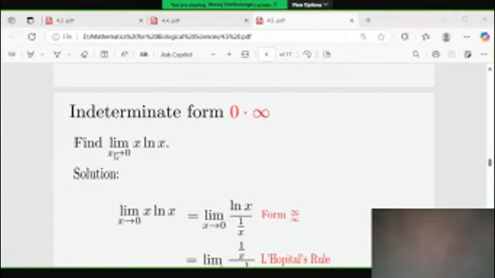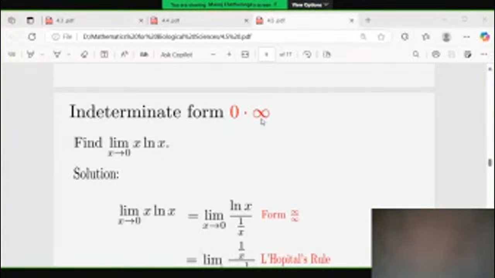So here this must actually be a one-sided limit. x should go to 0 from the positive direction, from the right-hand side. In that case, natural log goes to negative infinity. So 0 times minus infinity is an indeterminate form.